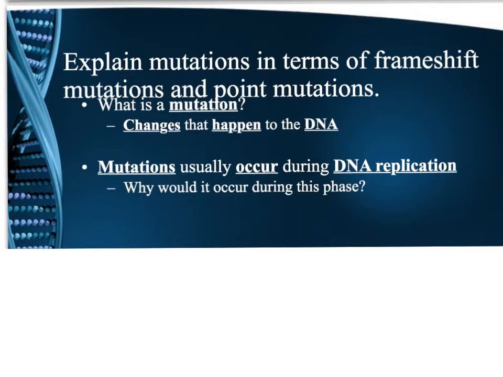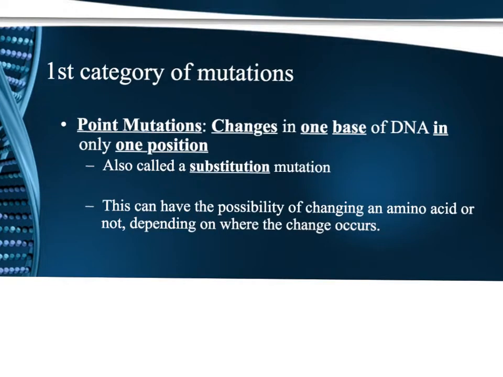All right, moving on. So, the first category of mutations is the less severe kind. These are called point mutations, and point mutations are kind of just like they sound. They are changes in one base of DNA, and it's only in one position. Sometimes we also call them substitution mutations. This can have the possibility to change an amino acid or not, depending on where it's changed.